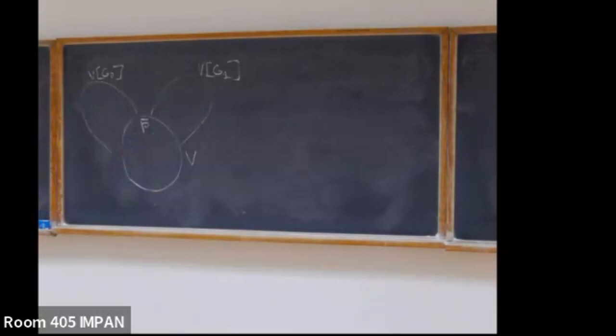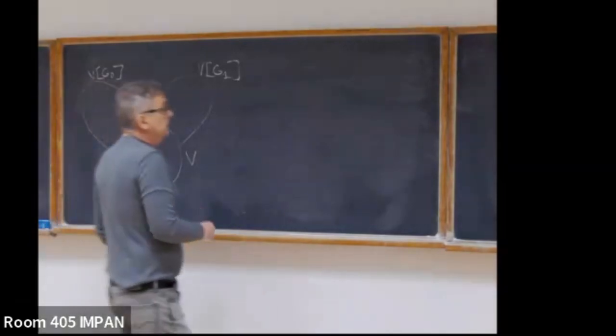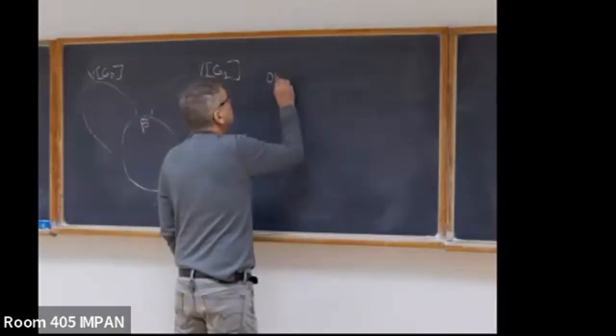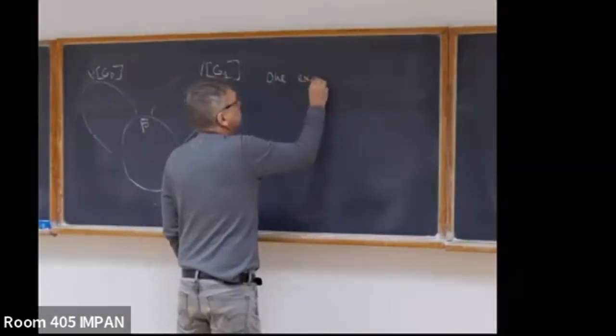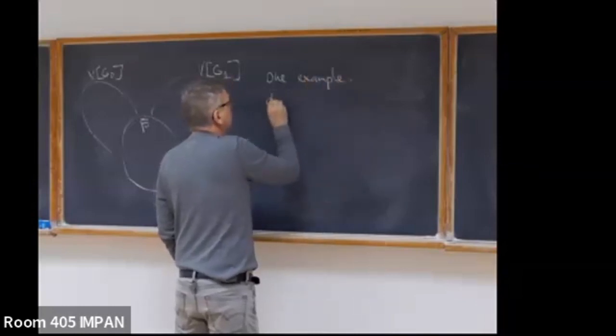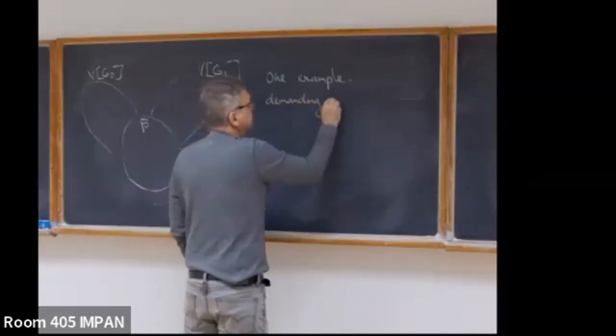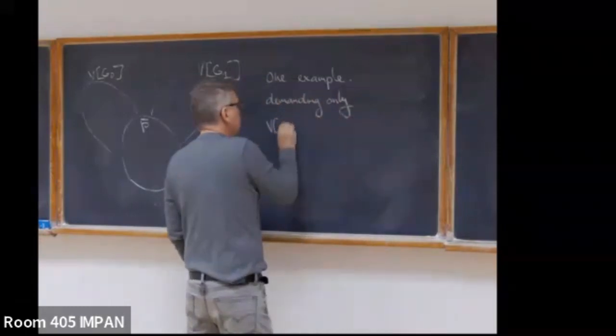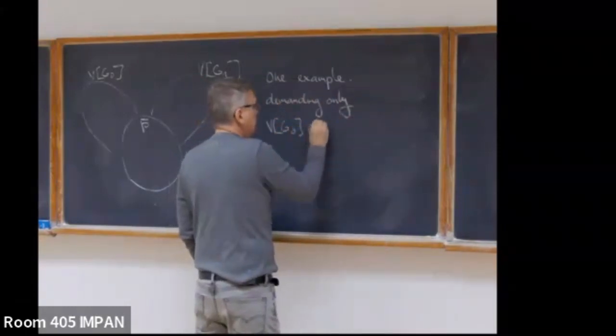They're not all that simple to state always. Okay, so one example. We demanded only zero intersecting one.